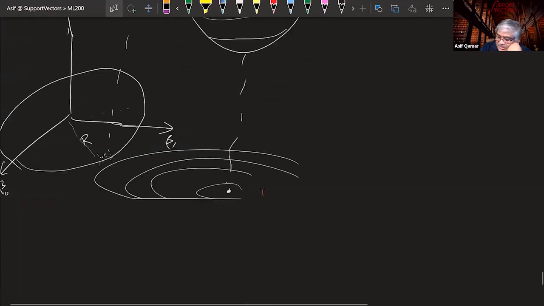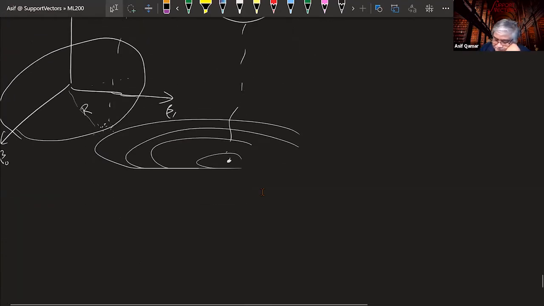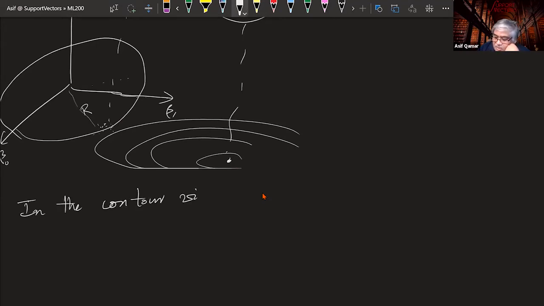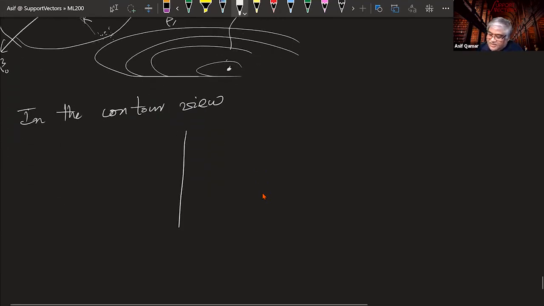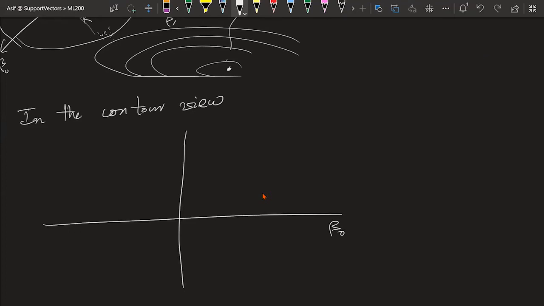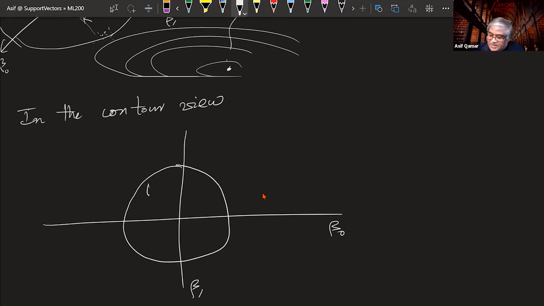Let me draw it out in 2 dimensions. In 2D, in the contour view, what you have is this. And again, I'll just draw it as beta naught, beta 1. You're saying that I have a certain radius of a budget, r, right? And I am not willing to go or find a solution above it. But the real solution is here, very far away.